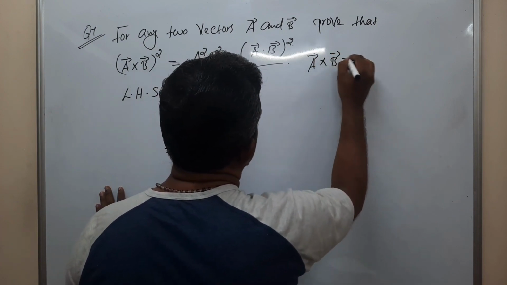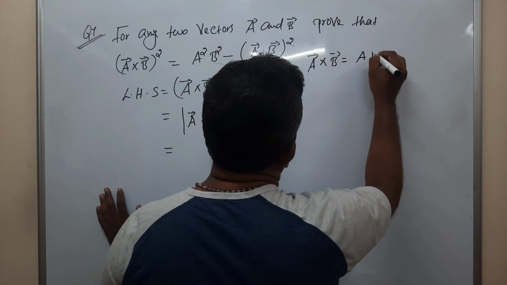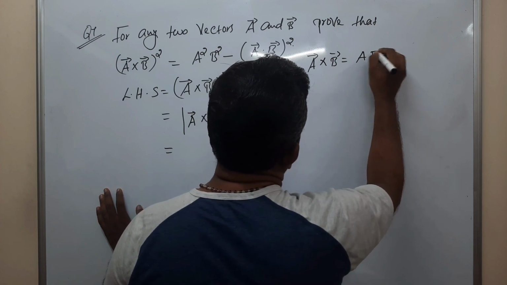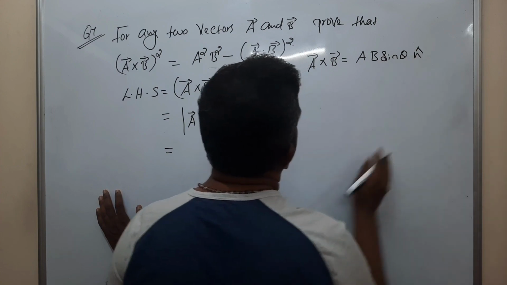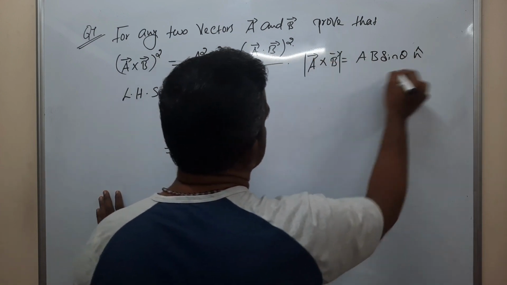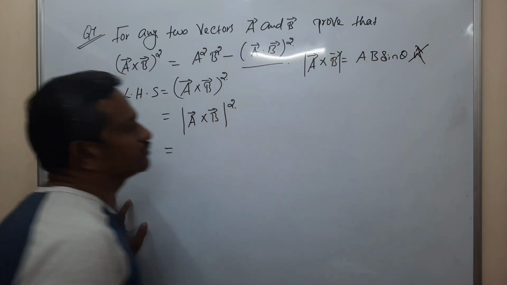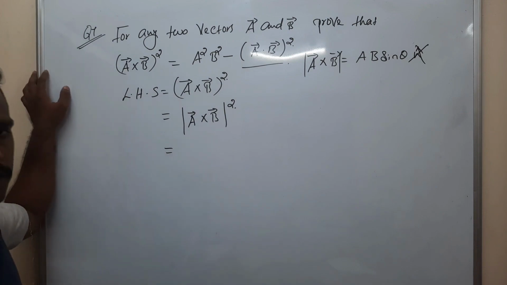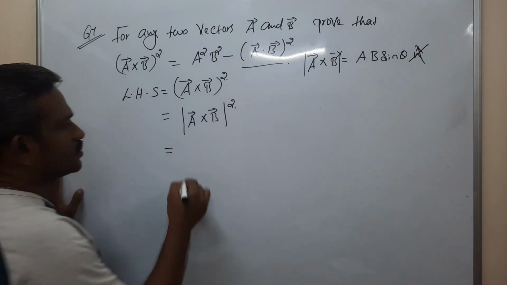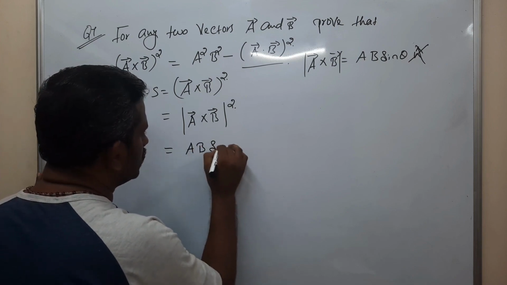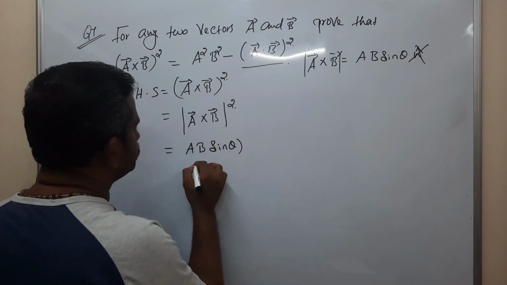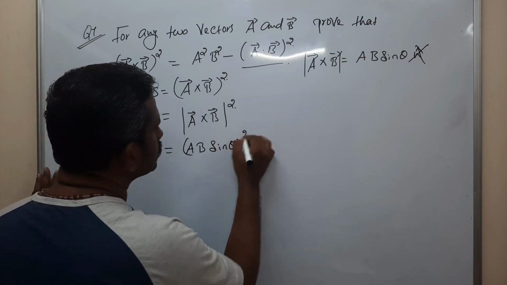A vector cross B vector is equal to AB sin theta into n cap. So when we take the modulus, the unit vector will disappear. So we can write (AB sin theta) square.